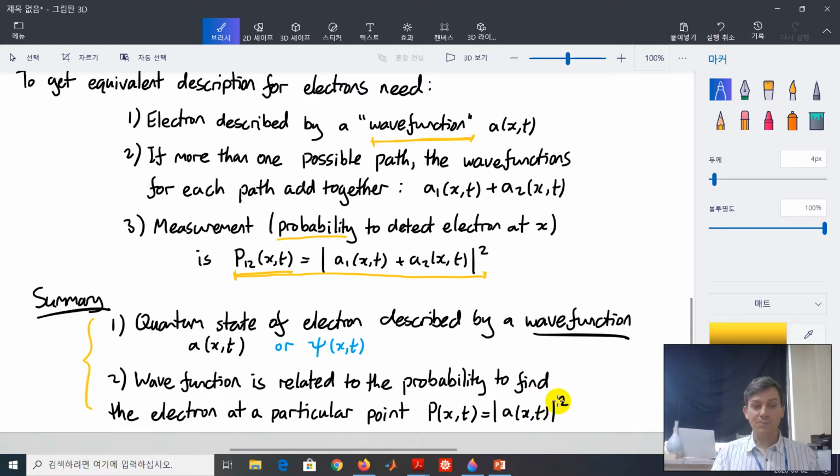Okay. So what I want to do in this lecture is talk more about this wave function and how it behaves, and in particular we're going to see the connection to the Heisenberg Uncertainty Principle, which you may have heard of before, and also the relationship of this function to the de Broglie wavelength of the electrons.